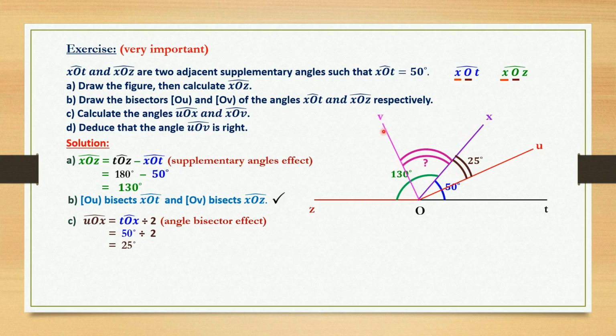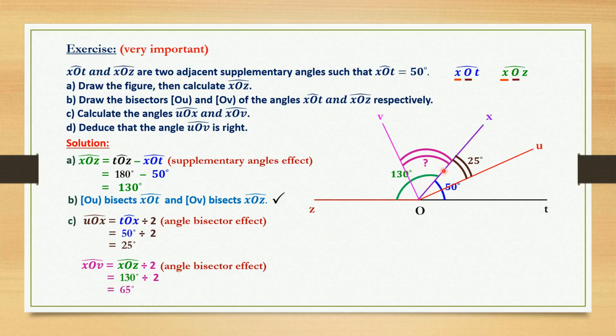And XOV is half of 130 degrees, it's 65 degrees, so it's half of the angle XOZ. So XOV equals XOZ divided by 2. What is the reason? Same reason, angle bisector. It equals 130 degrees divided by 2 equals 65 degrees.